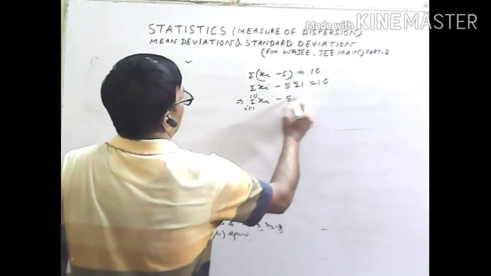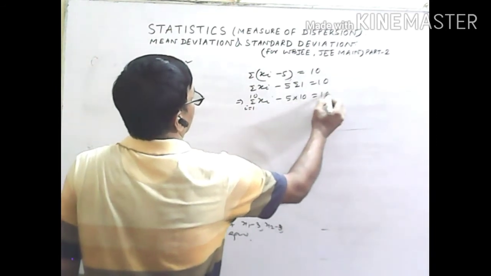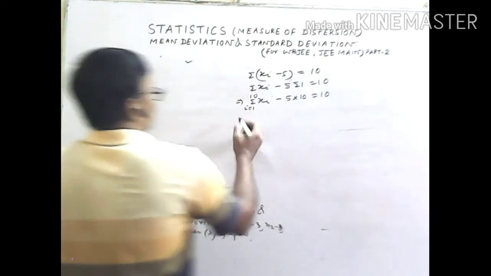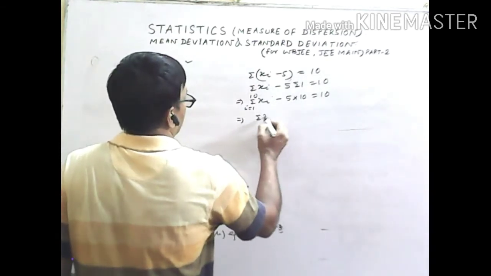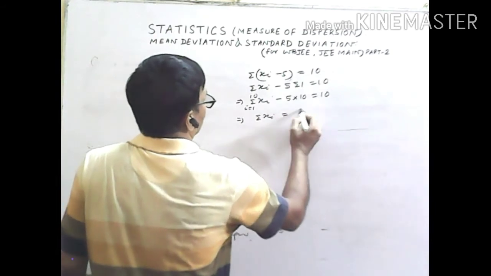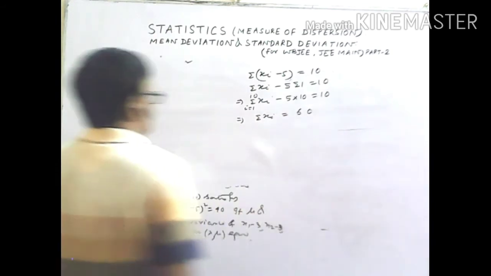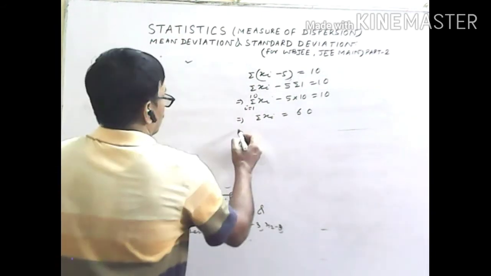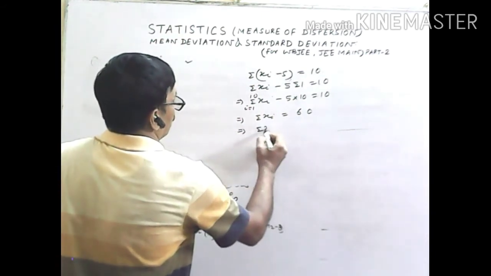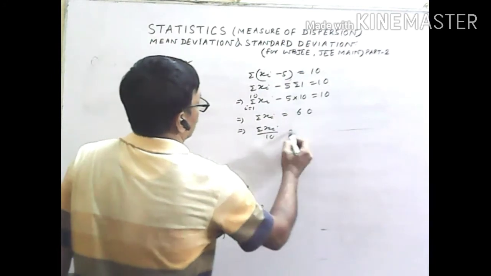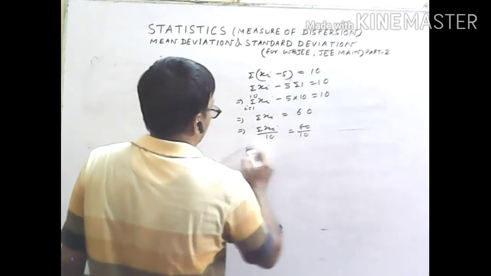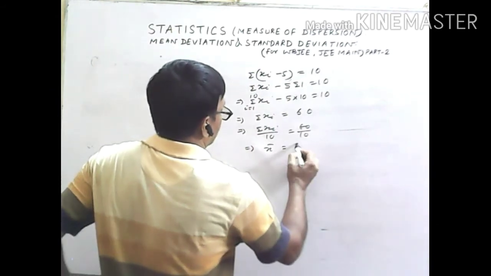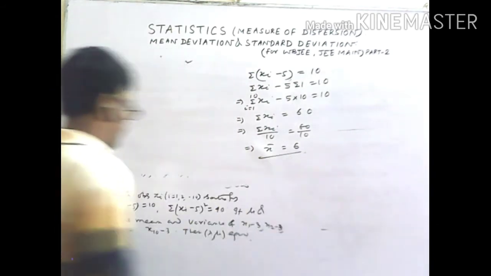So summation xi minus 5 into 10 equals 10. Summation 1 is 10. So we get summation xi equals 60. If we divide it by the number of observations, which is 10, 60 by 10, so x bar is 6.